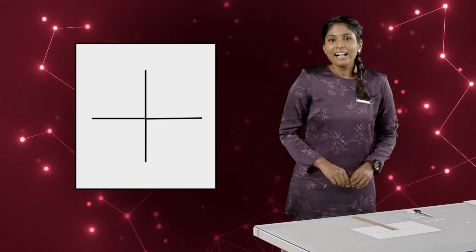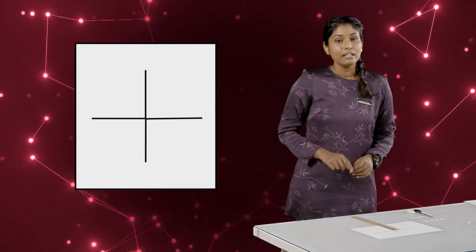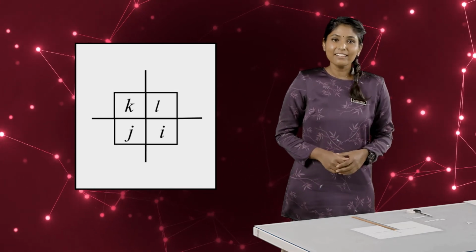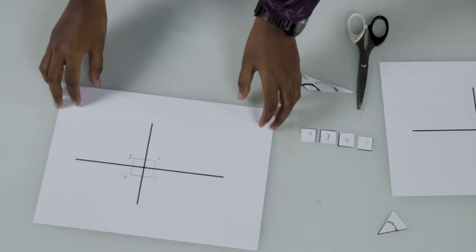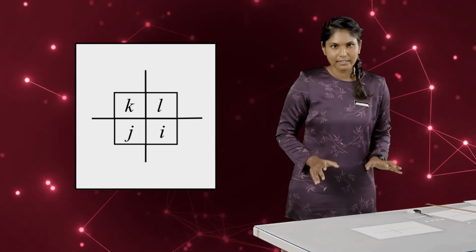You can use the L-shaped corner of your ruler as a guide to get the right angle. Next, label the angles as I, J, K, and L. Can you see that we have the same size of angles here?